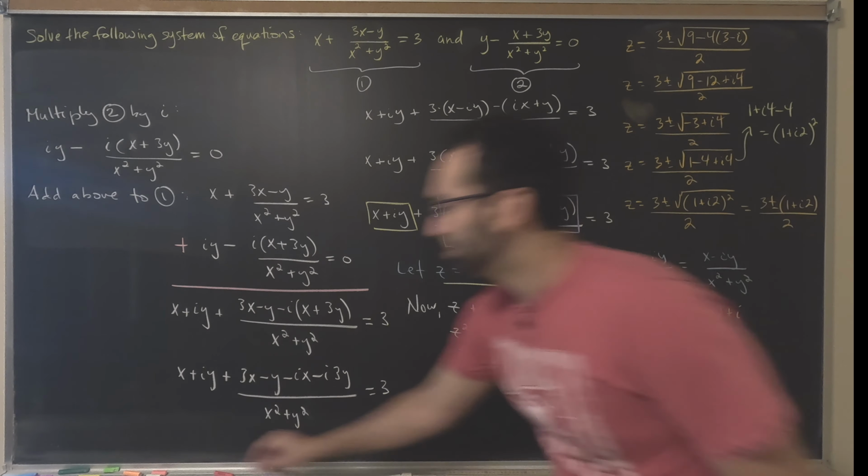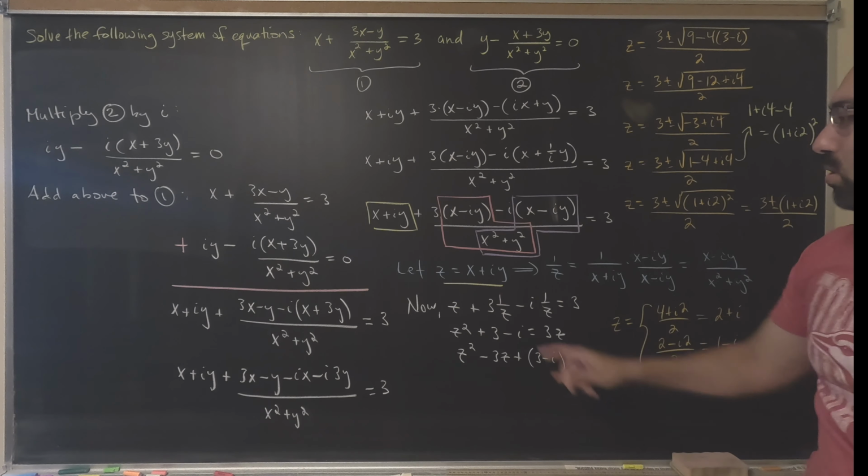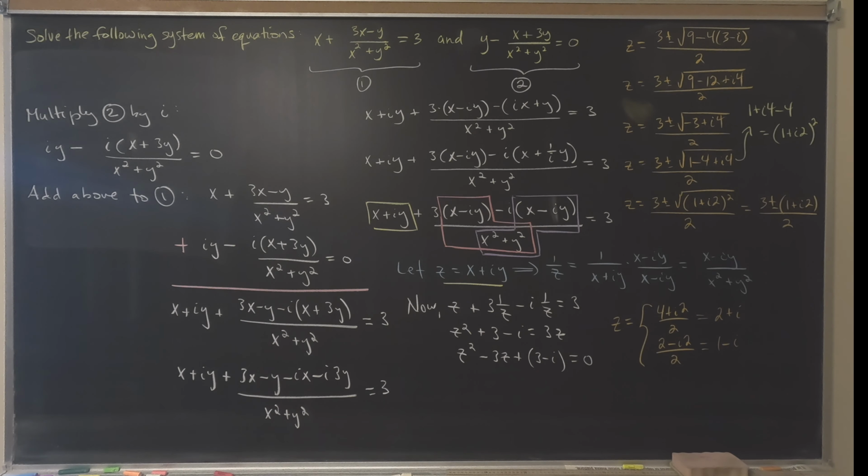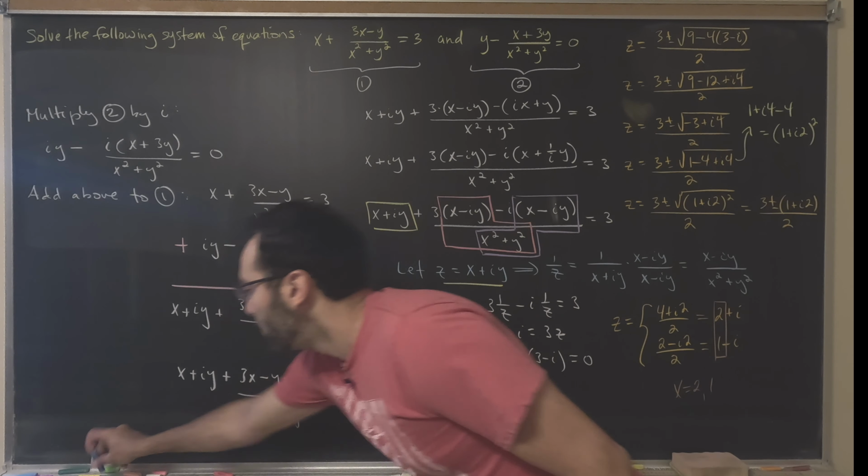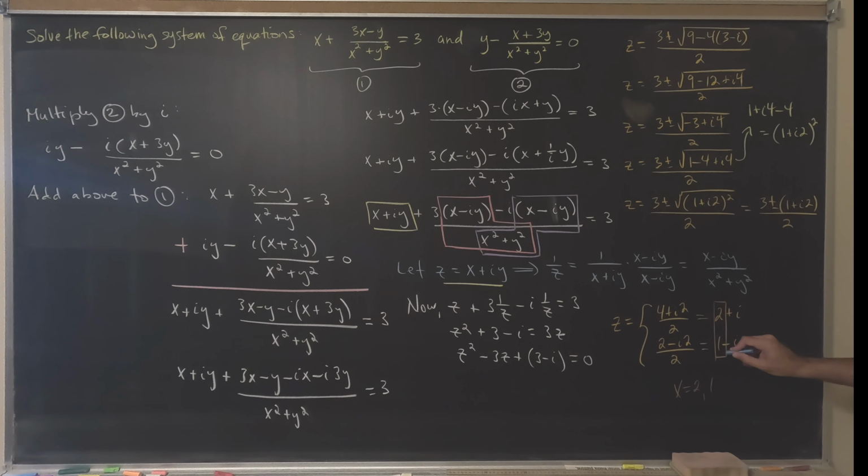But of course, recall that z is x plus iy. So in this case, here are our values for x, 2 and 1. And our values for y are the coefficients here, 1 and negative 1.